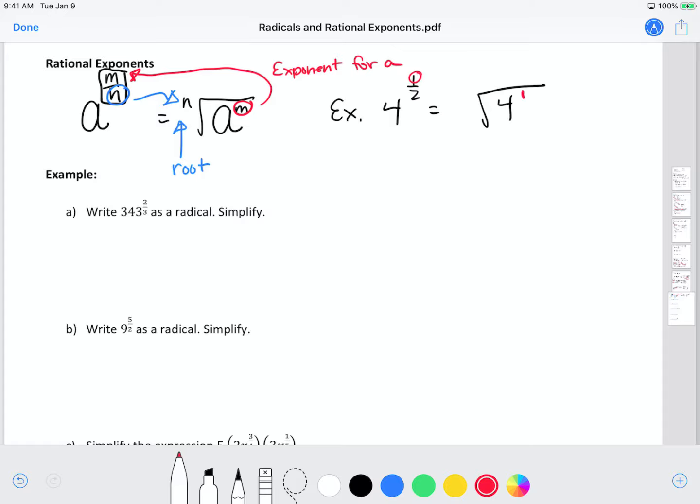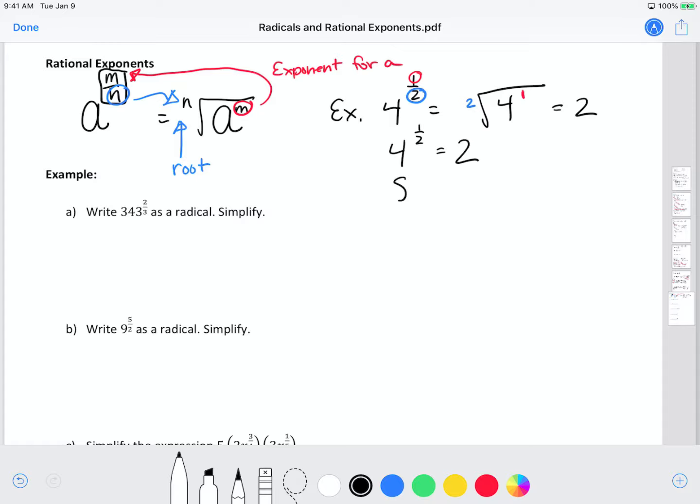That's the exponent of 4 of the base. And then the denominator is the root. So it's the same thing as saying the square root of 4. So if you put on your calculator 4 to the power of 1/2, you're going to get 2.